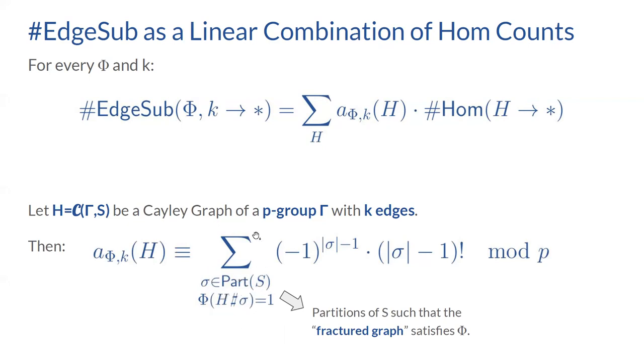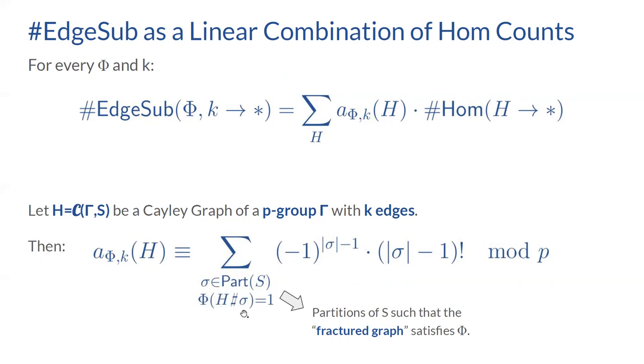But for each partition included in this sum, we take -1 to the number of blocks -1 times the number of blocks -1 factorial. And yeah, even without considering the additional condition here, the nice thing is that the number of terms in this sum only depends on the number of generators. It is independent of the size of H or the number of edges of H. And this is what makes it feasible to analyze the coefficients.